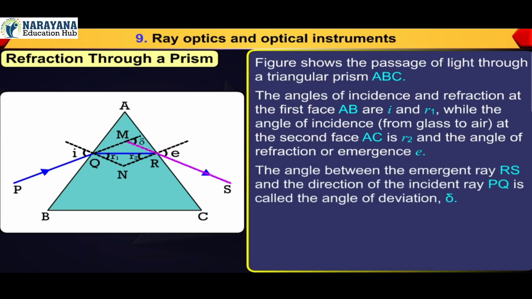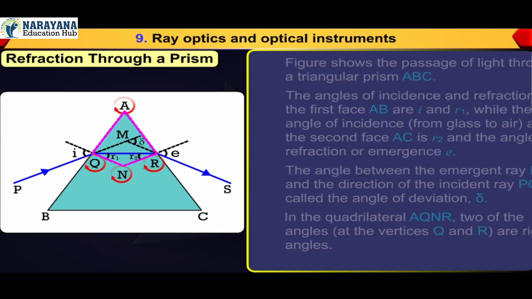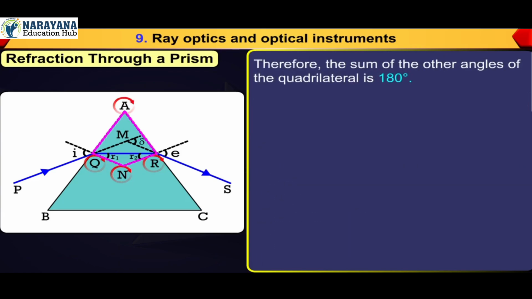The angle between the emergent ray RS and the direction of the incident ray PQ is called the angle of deviation δ. In the quadrilateral AQNR, two of the angles at the vertices Q and R are right angles. Therefore, the sum of the other angles of the quadrilateral is 180 degrees.